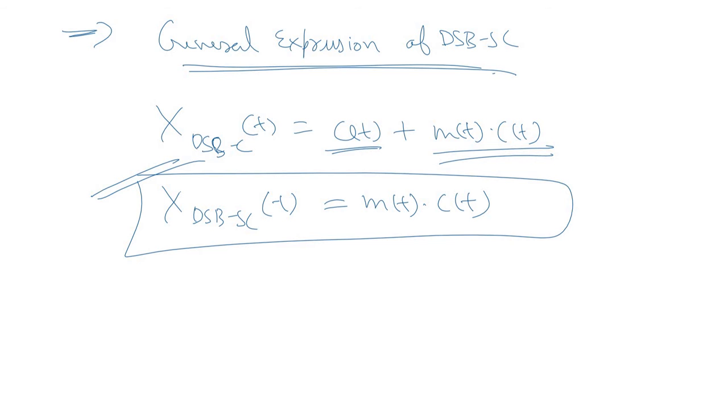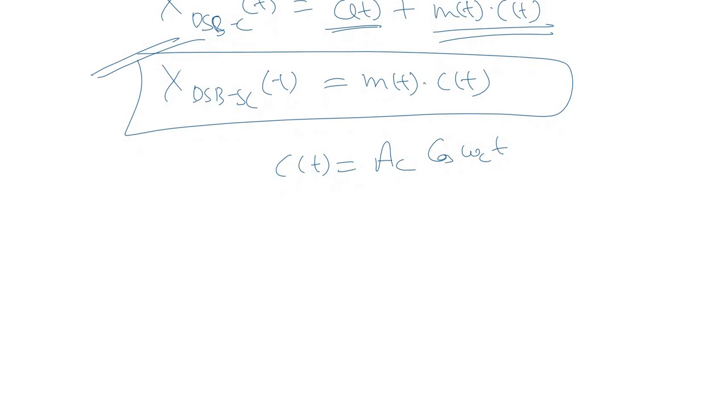If we assume the carrier signal to be a sinusoidal signal, let us assume that c(t) is a cosine waveform, that is Ac cos(ωc t), then this expression can be written as m(t) into Ac cos(ωc t). This is the expression of double sideband suppressed carrier signal in time domain.